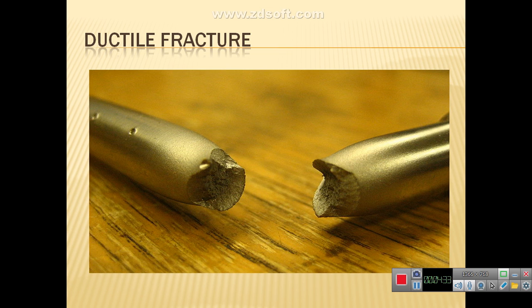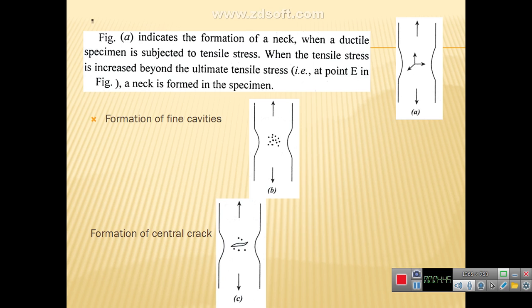Ductile fracture. Ductile fracture is an important thing we have to note in fracture. The ductile fracture indicates the different steps and stages that happen in ductility.